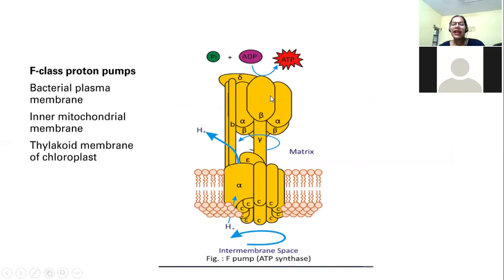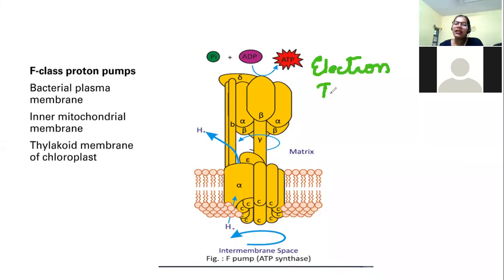Where are all these ATP synthase or F pumps present? In the bacterial plasma membrane, in the inner mitochondrial membrane, and in the thylakoid membrane of chloroplast. Once we start the biochemistry portion, we are going to study how the mitochondria work. There is something called the electron transport chain.